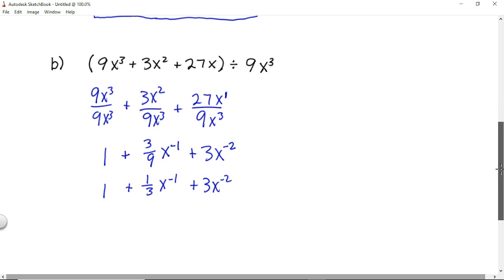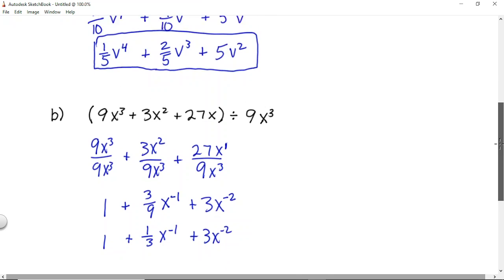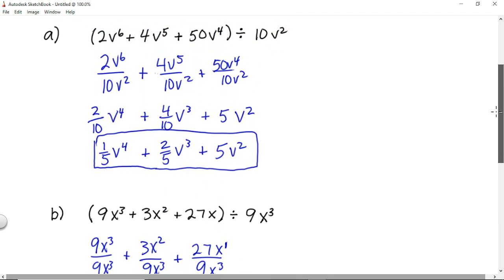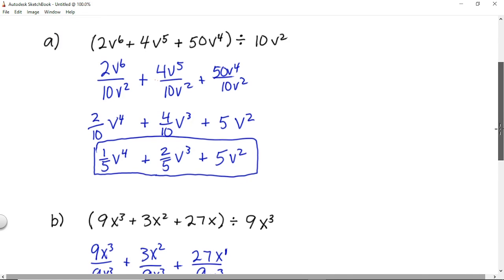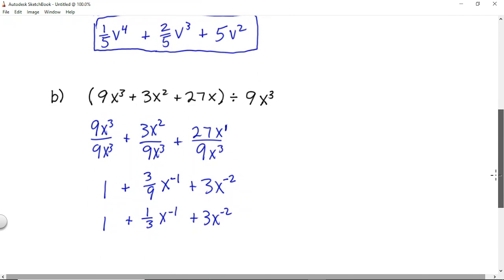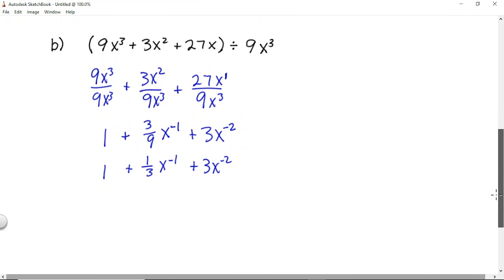We got to this point in the other example and we were finished because we had the fractions reduced and everything was simplified as far as it goes. But on this one, although the fractions are reduced to lowest terms, it's pretty much simplified.